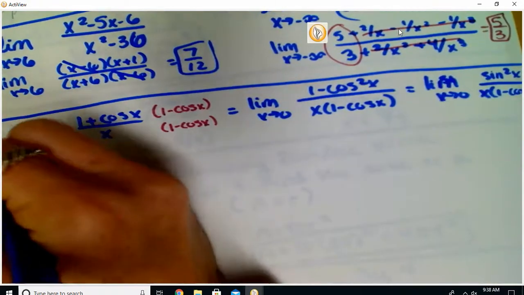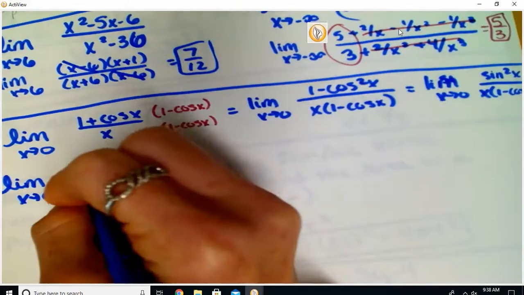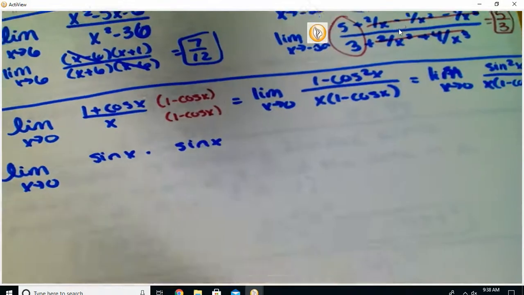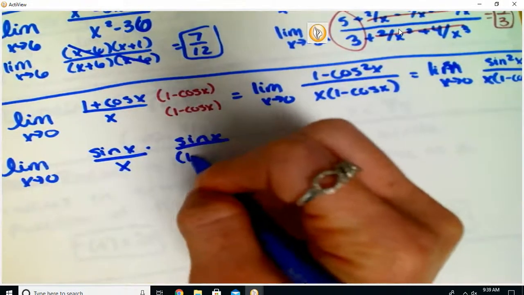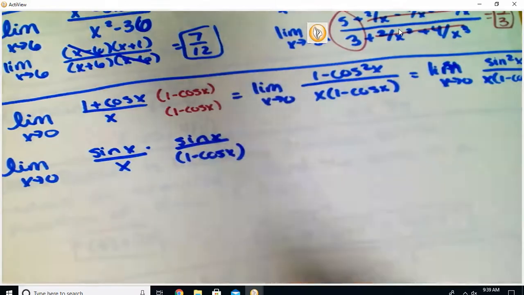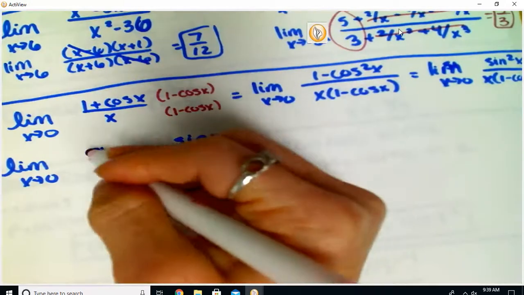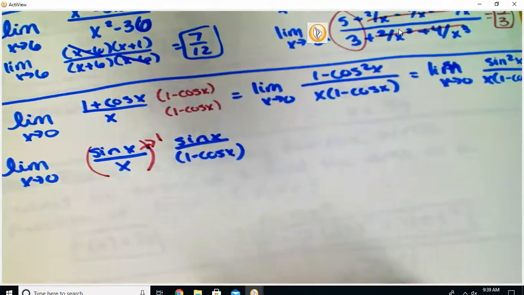Okay, so this is beneficial because sine squared is a sine times the sine. I'm going to put the x with one of these and the 1 minus cosine x with one of them. We had a theorem that told us as x approaches 0, sine x over x goes to what? 1.